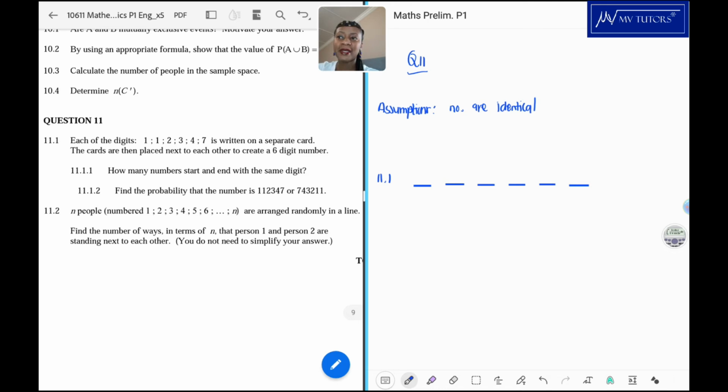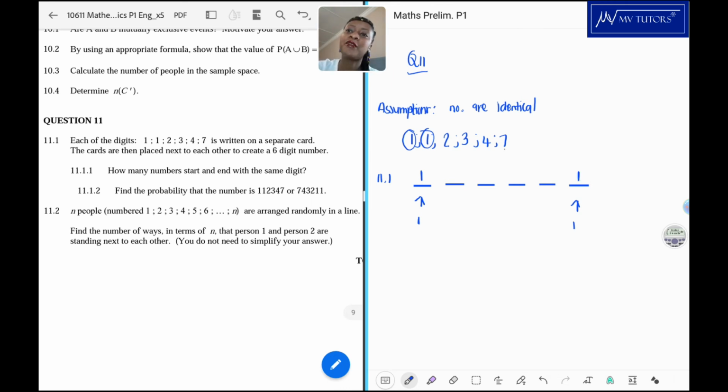So if they are identical, it means for the first digit, do you see I have 1, 1, 2, 3, 4, 7. And if they start and end with the same digit, I'm using up this one and that one. So I'm going to have 1 here and I'm also going to have 1 here. Meaning I only have one option to put there, and only one option to put there.